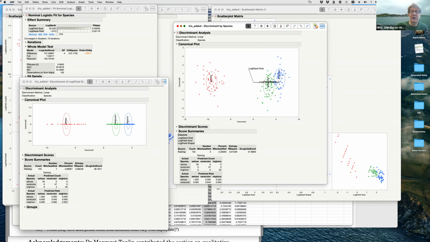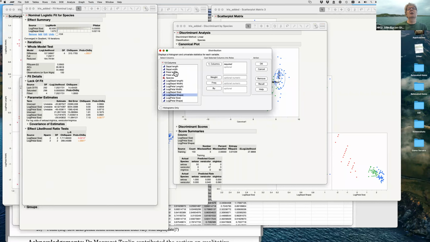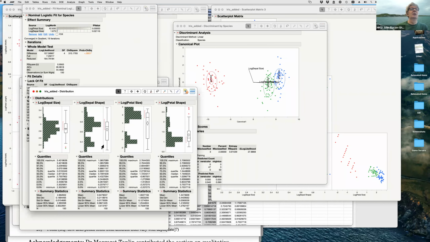Isn't the longer side always length? Yeah, in fact, that's true for the sepal, but not for the petal. If we look at the distribution of log sepal size and shape, you will see that the sepal always has a longer length than width, but for the petal, sometimes the length is greater, sometimes the width is greater.